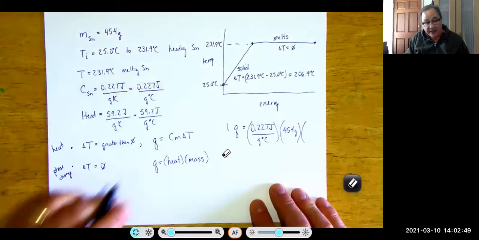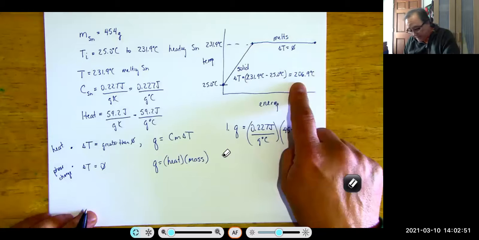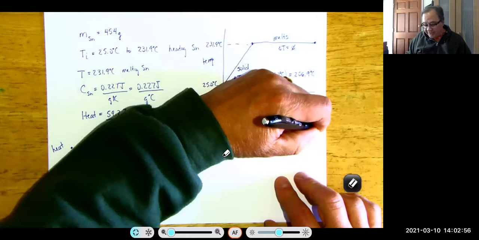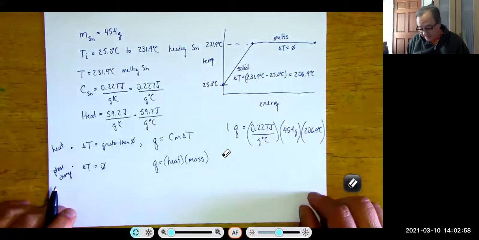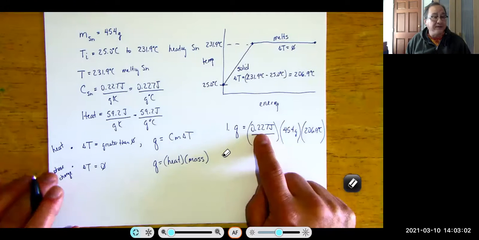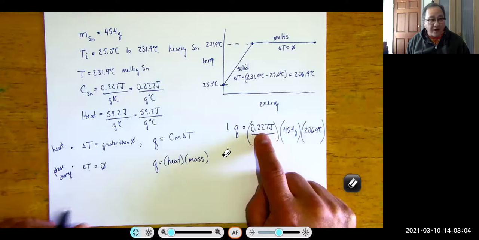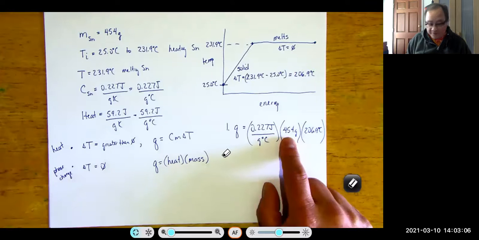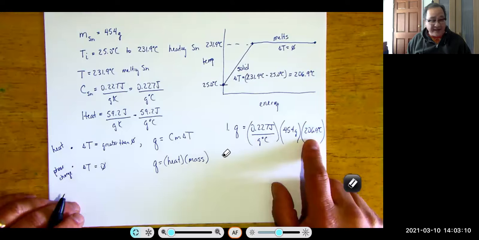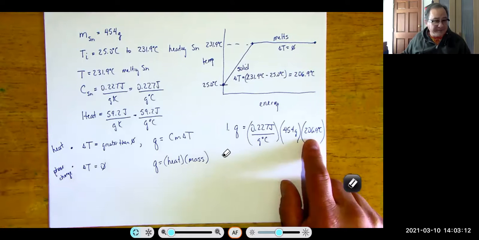And we have the change in temp of the tin is right here, 206.9. And we can estimate this. For instance, I know that's not 1/4, but it's really close, right? So what's 1/4 of 400? 100. What's 100 times 206? 20,600.